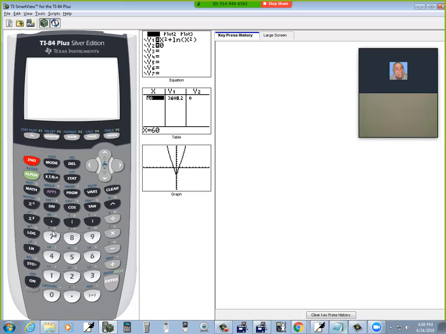So if you do second decimal, it puts the i on your calculator. And then caret, that's this weird looking button here, negative 3, and press enter. And that gives you your answer. It's over on the right hand side. See right here?